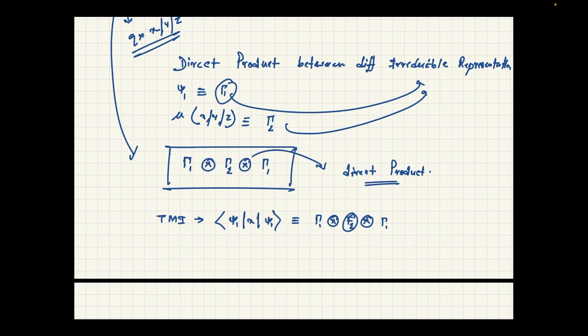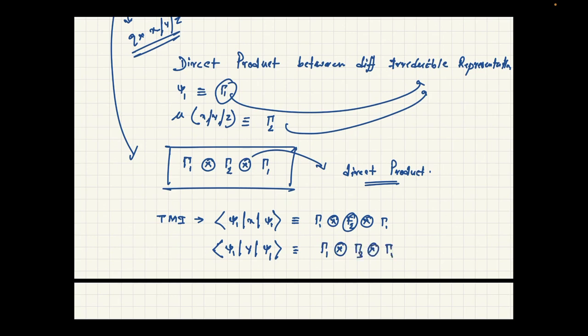Similarly, you can find it for the y direction also, y and psi 1, which will be equivalent to gamma 1 times, let's say, gamma 3 times gamma 1.